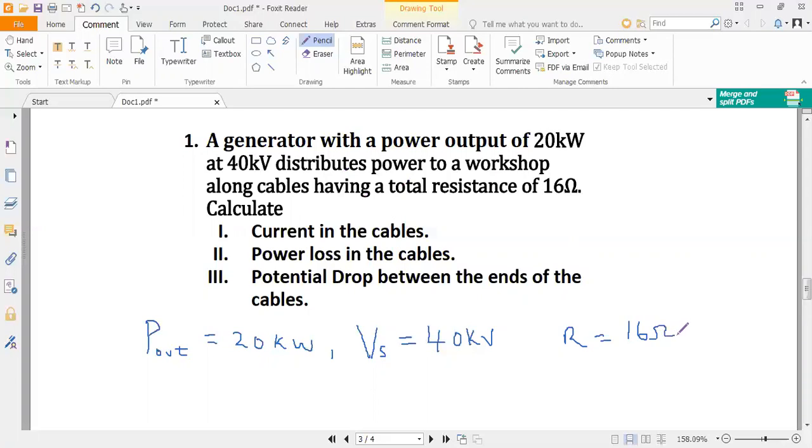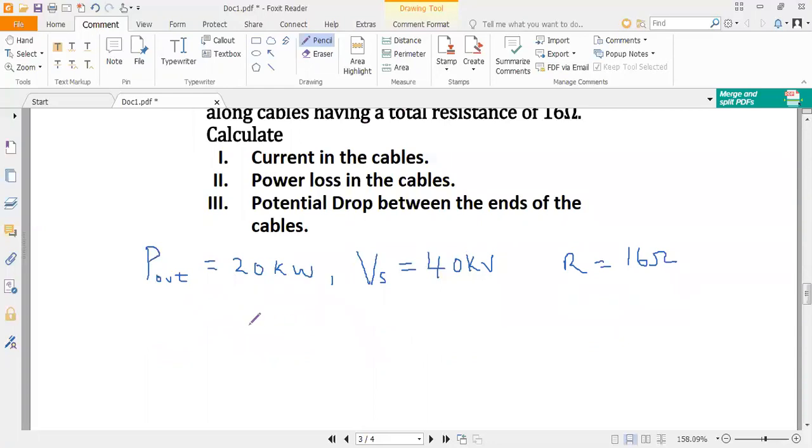Looking at the solutions, part A, they want us to calculate the current in the cables. We first look at what we have in our question. The power output is the same as the power in the secondary coil. We also have the potential in the secondary coil, which is 40 kilovolts.